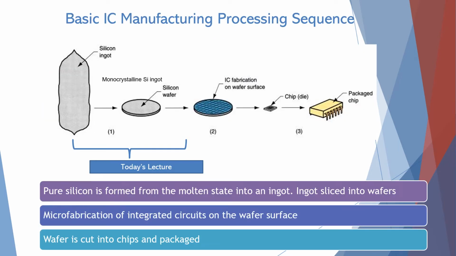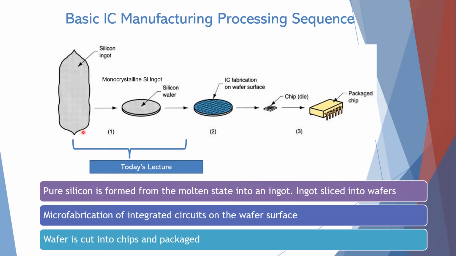The basic integrated circuit manufacturing process sequence is presented in this picture. First, the pure silicon will be formed into the molten state, meaning it will be melted, and then accumulated into an ingot. The first picture here is the silicon ingot.